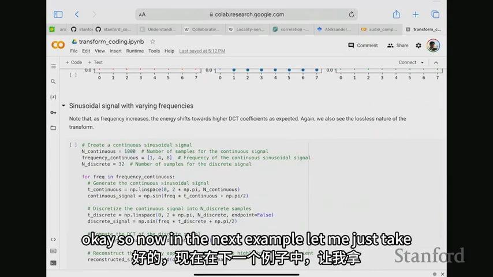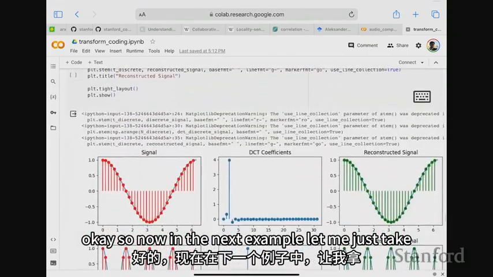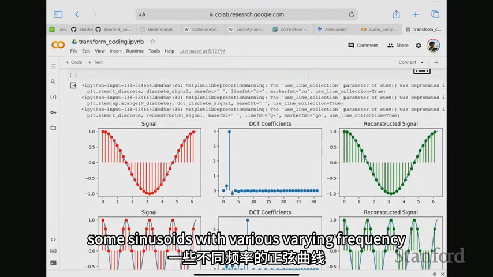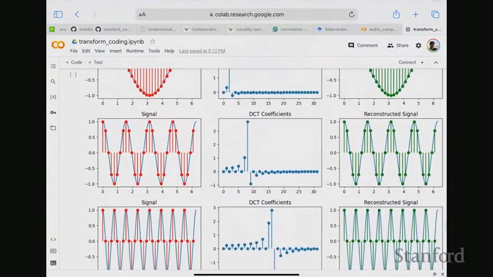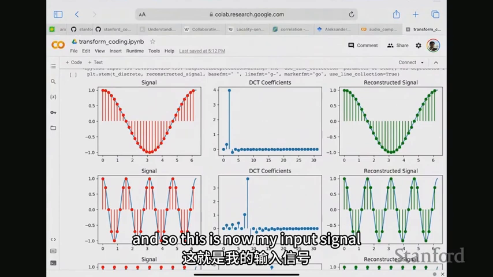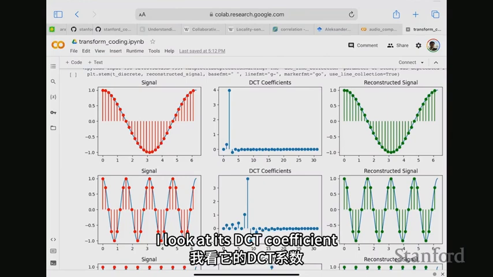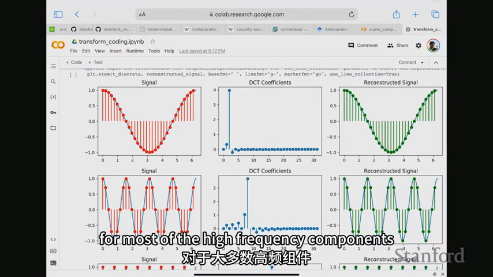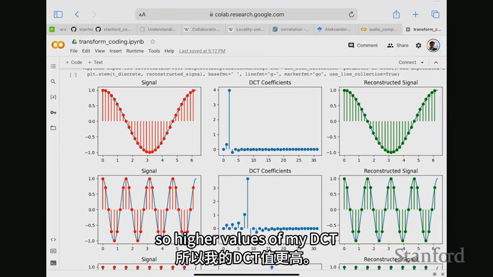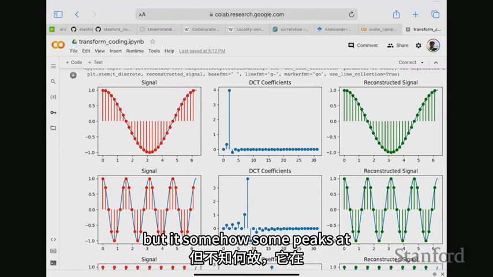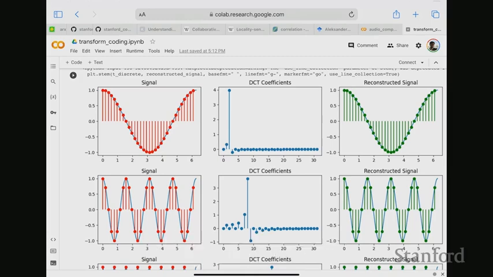In the next example, let me take some sinusoids with varying frequency. This is now my input signal. It has some frequency, and I look at its DCT coefficients. It has value 0 for most of the high-frequency components, the higher indices of my DCT, but it has a peak at index 2.